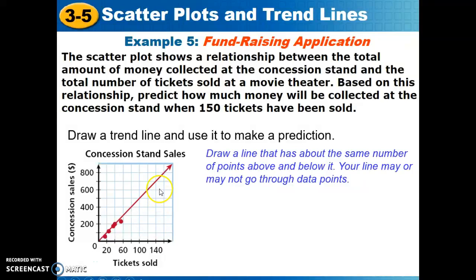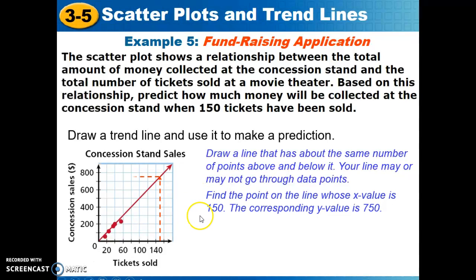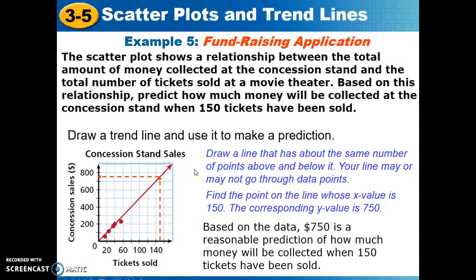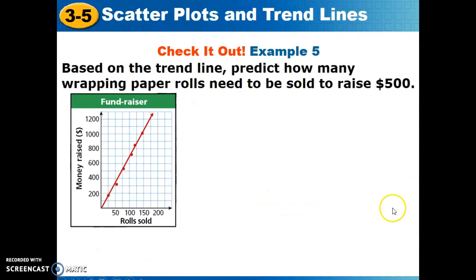So right through there, we want to figure out what that Y value or concession sales value would be. So picking the value 150, moving up to the line and over to the y-axis, we can make a really good prediction. $750 is a reasonable prediction for 150 tickets being sold.